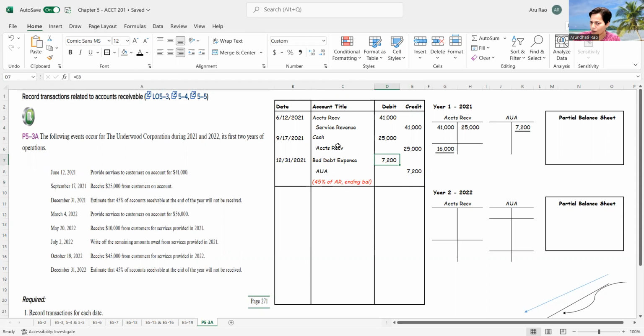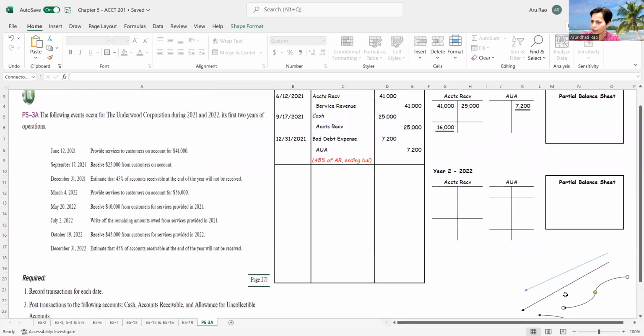The transactions, when we were doing them, we do the transactions and then we post into the ledger, into our T accounts. In this case, I first did this calculation and I plugged that number in over here. So it's really important that you see what we've done over here. Let me get the correct arrow that I want.